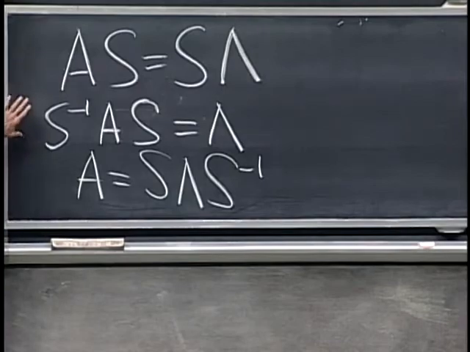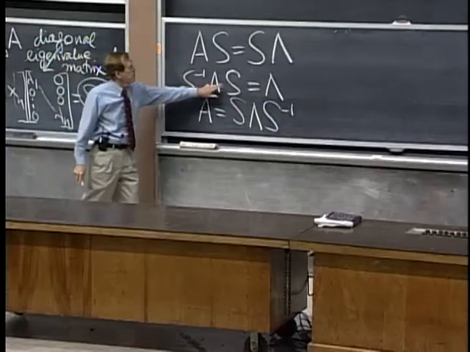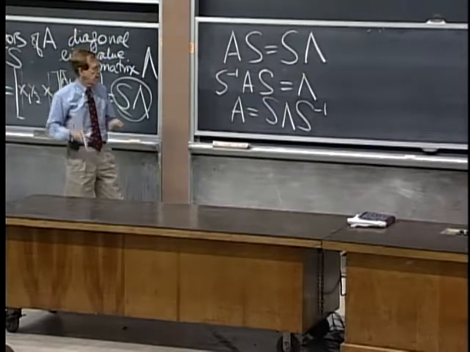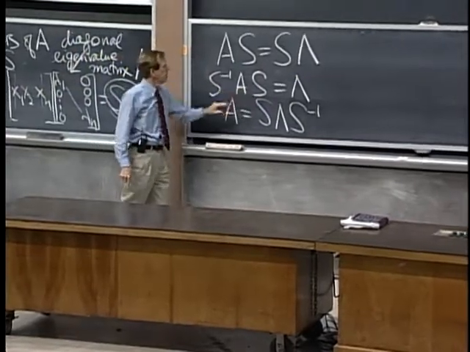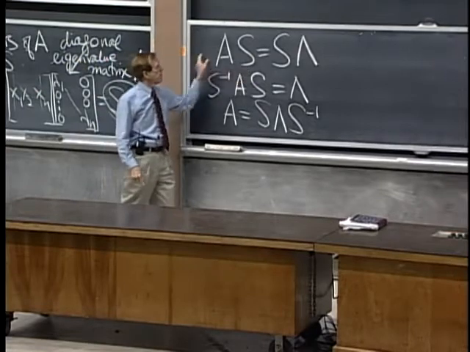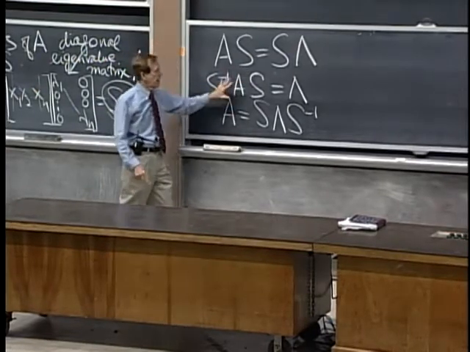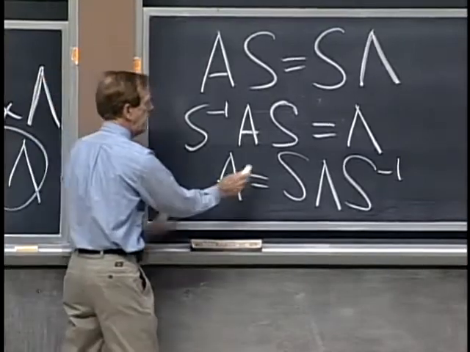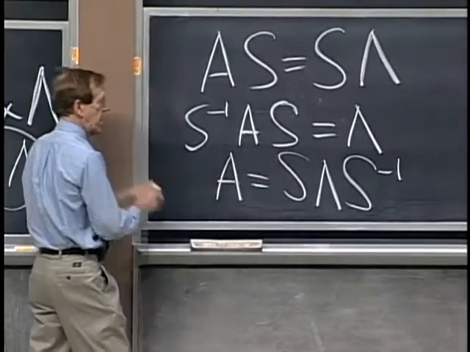So can you keep those two straight? A multiplies its eigenvectors. That's how I keep them straight. So A multiplies S. And then this S inverse makes the whole thing diagonal. This is another way of saying the same thing, putting the S's on the other side of the equation.